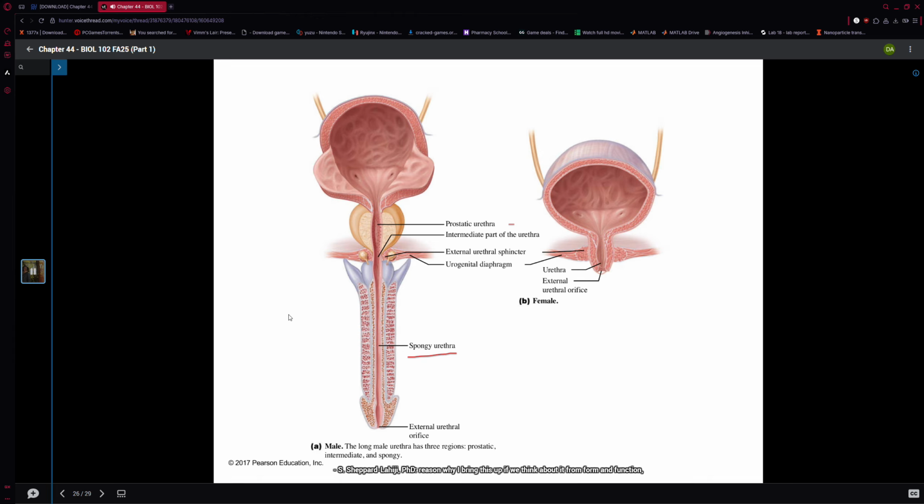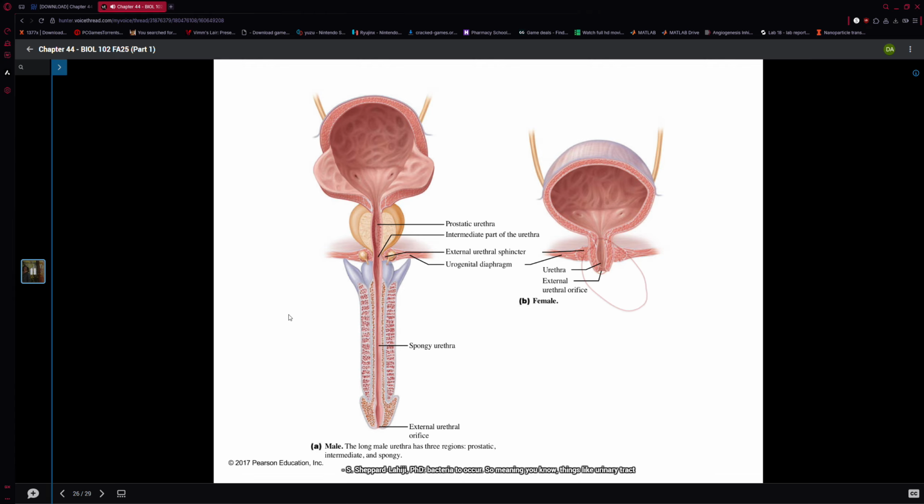The reason I bring this up, if we think about it from form and function combined with your knowledge of pathogens, is that in the female urinary tract, as a result of the short distance that bacteria need to travel, in conjunction with the proximity of the urethral orifice to the anus, it's far easier for proliferation of bacteria to occur.